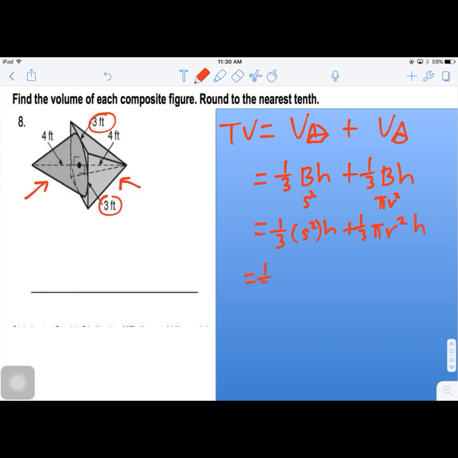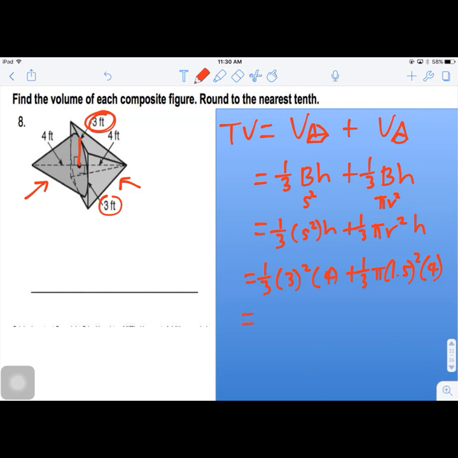And let's substitute the numbers in. The side is actually 3 for the pyramid, as indicated in the figure right here, and the height is 4, plus 1/3 pi, and the radius for the cone is going to be half of the side length, which is 1.5 squared, and the height of the cone is also 4.